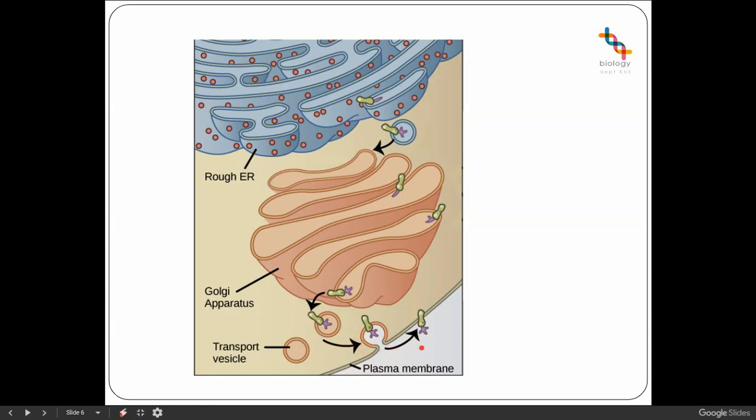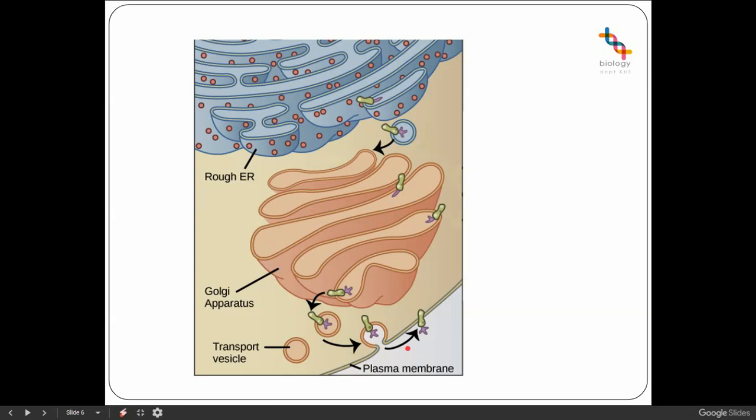Now, this often happens with digestive enzymes or peptide hormones, for example, which are good examples of proteins which might not be required for their cellular process. So in this case, they're going to be secreted and released from the plasma membrane.